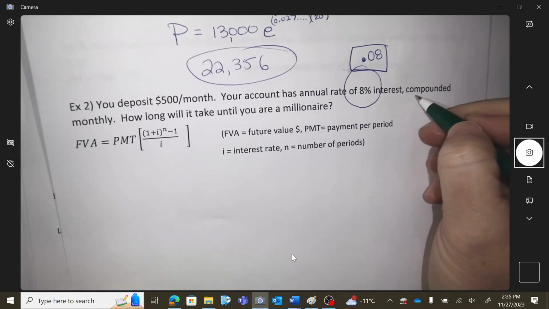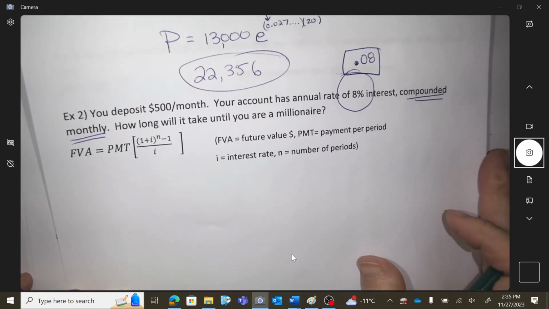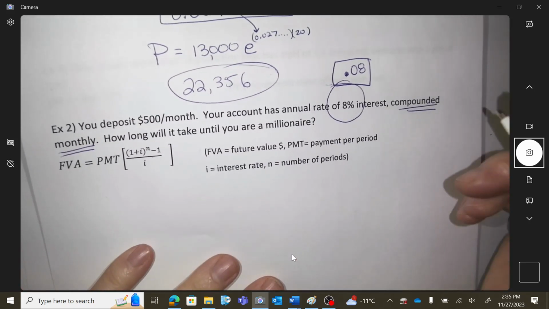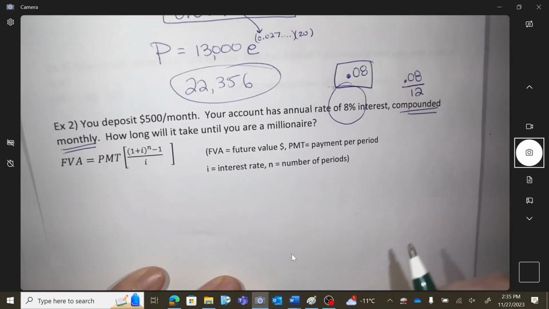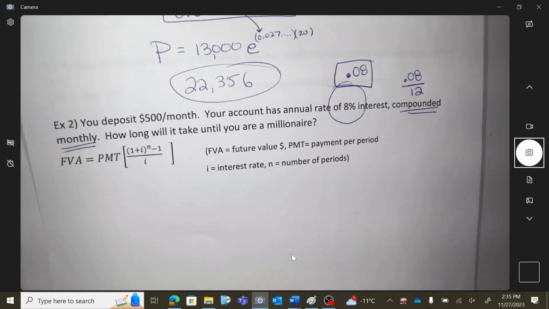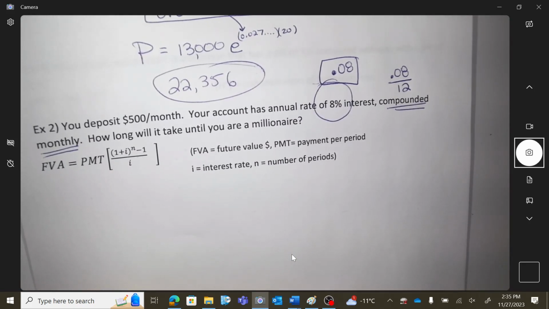Now, when you get an interest rate that's compounded monthly, you have to divide it by 12.